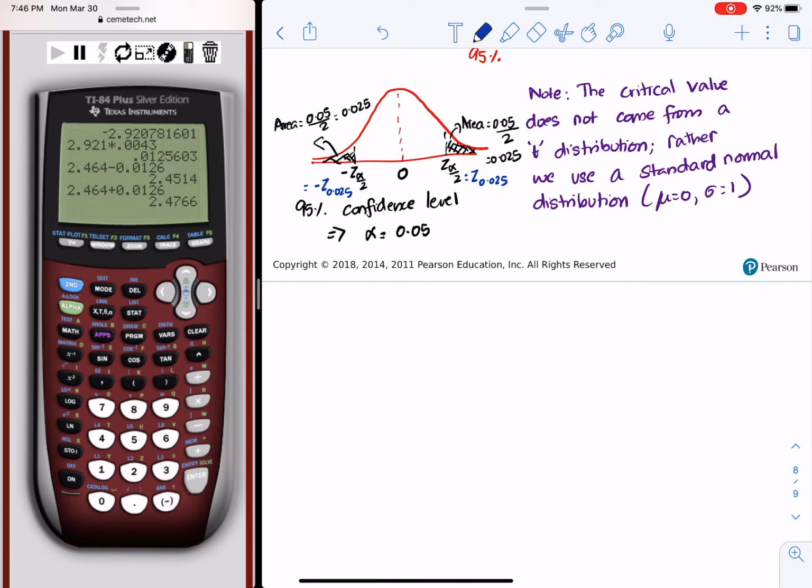So we have negative z sub 0.025 and positive z sub 0.025.